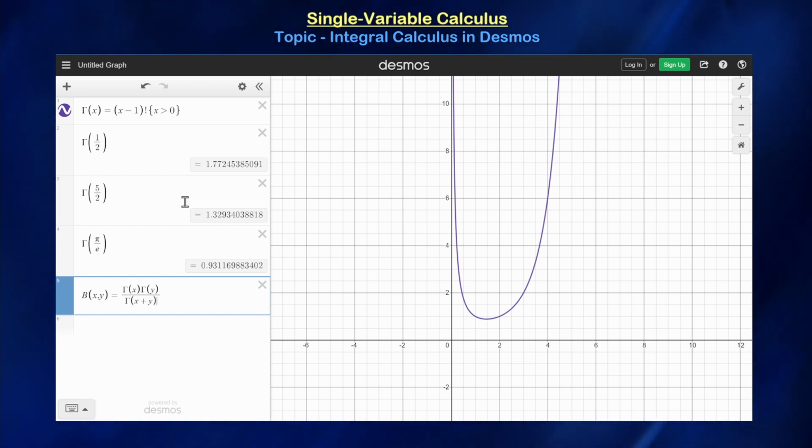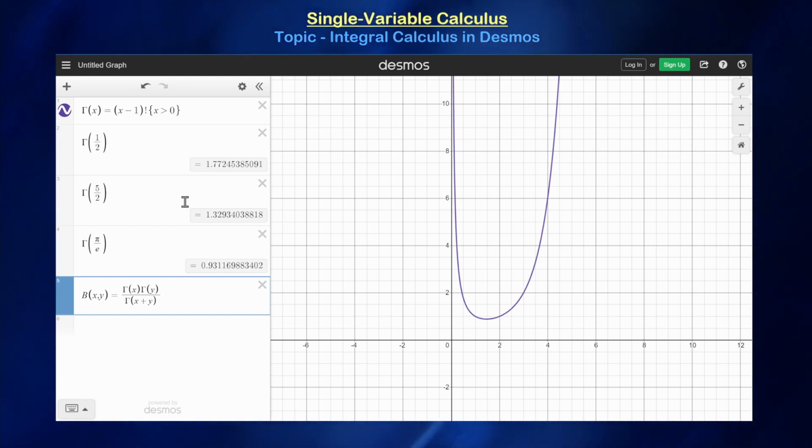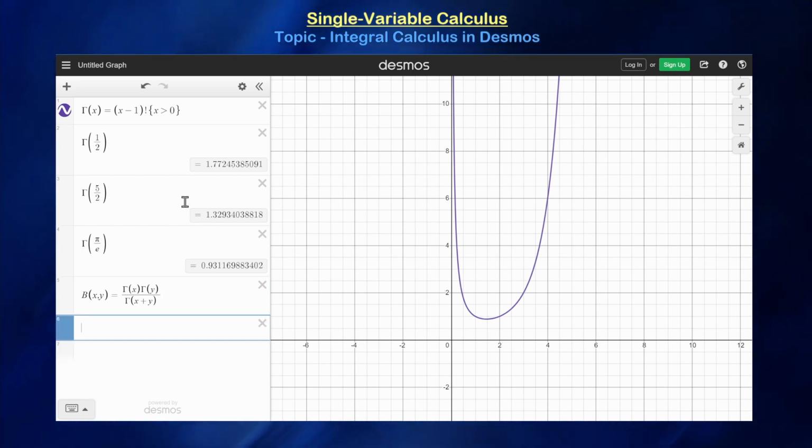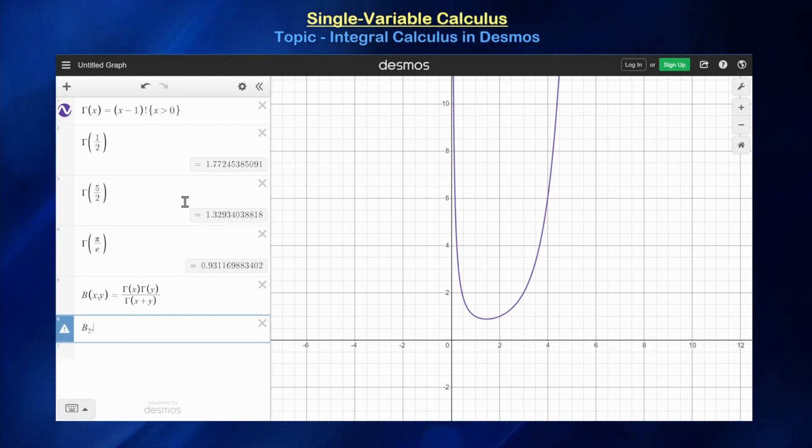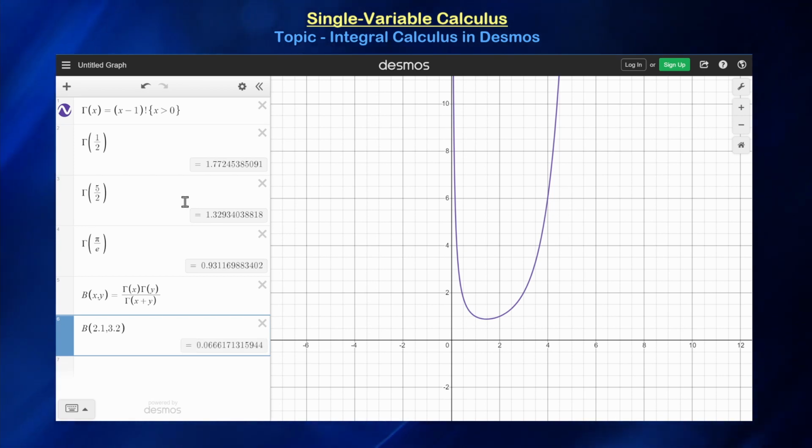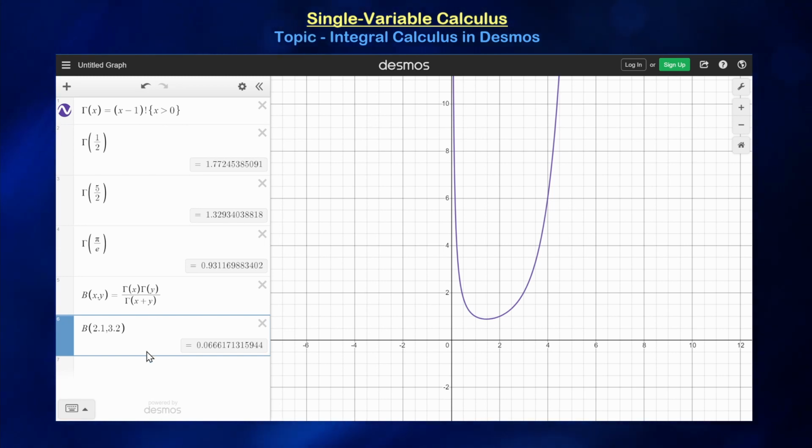We're not going to get into it at least now, but later it does have several applications in a variety of fields. But I just want to mention it now because it's a nice little extension of gamma. So if I ask you, what is beta of 2.1 as x and 3.2 as y, it will give you that particular value.